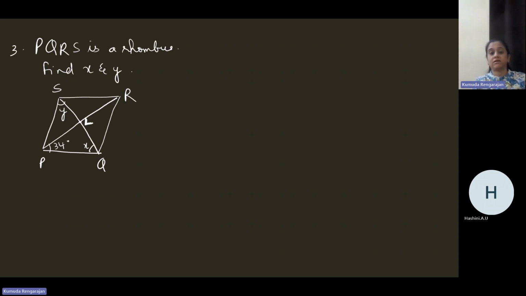The diagonals meet at L. The left of P would be Y. Which one?